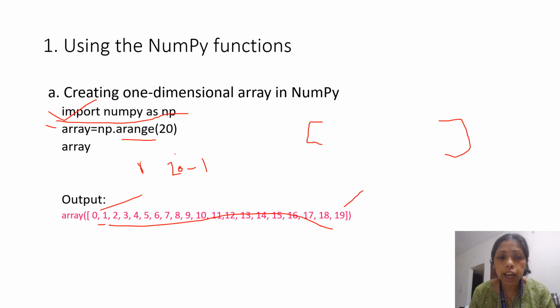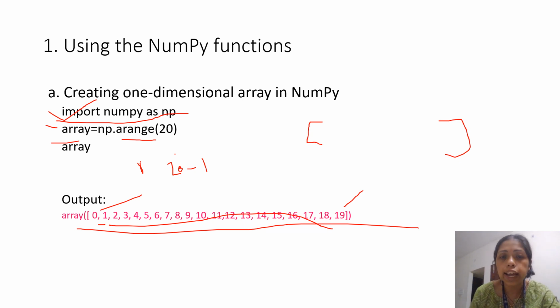I am giving an array name: array is equal to np.arange within brackets 20. Then I can print the array and you will get these values. The arange function is used for getting the values from 0 to a particular number in array form.